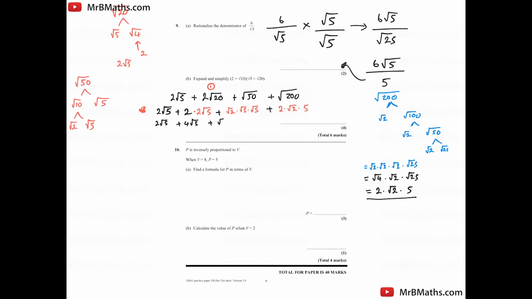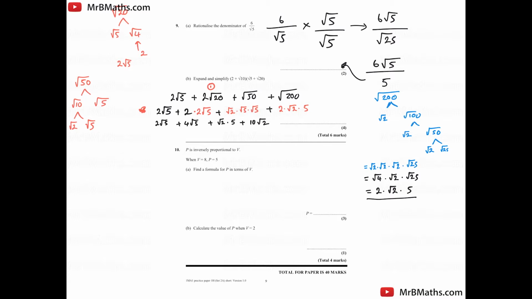Well, that can become root 2 times root 25, and the square root of 25 is 5. Okay, so I've just simplified that down there. Then I've got plus 2 times root 2 times 5, so I can do the 2 times the 5, which will give me 10 root 2.